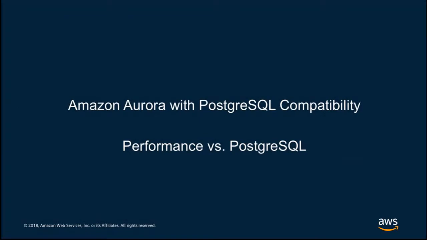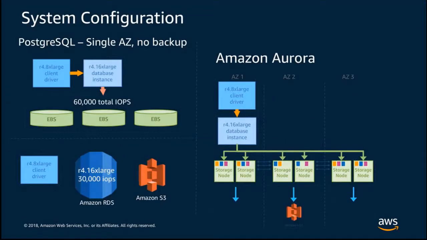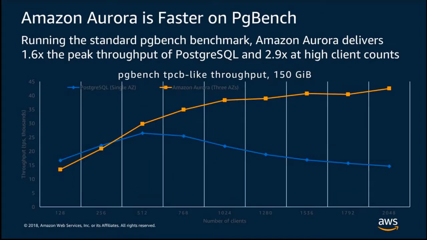All right, so let's look at some graphs of the actual performance as we've tested. We did some tests comparing standard Postgres with Aurora Postgres on the same size instances in terms of the client driver and the database instance, but of course with different storage, with Aurora storage on the right and regular EBS storage on the left. And we ran some standard benchmarks such as PgBench, which is a benchmark that comes with Postgres.